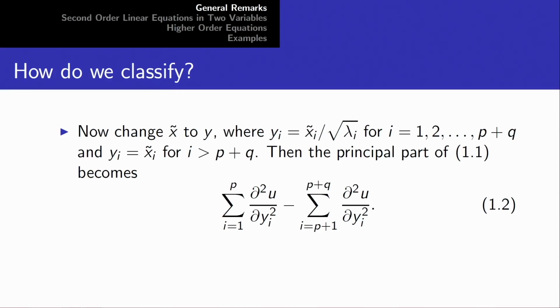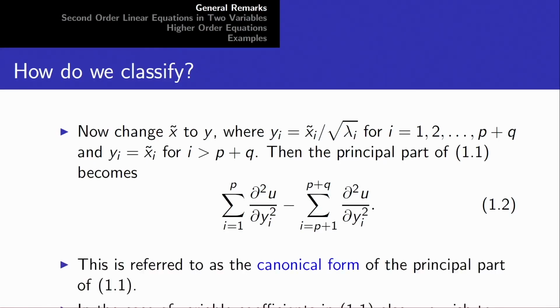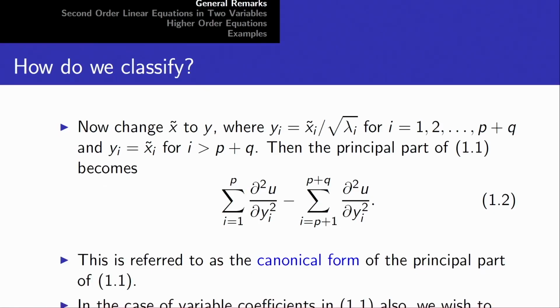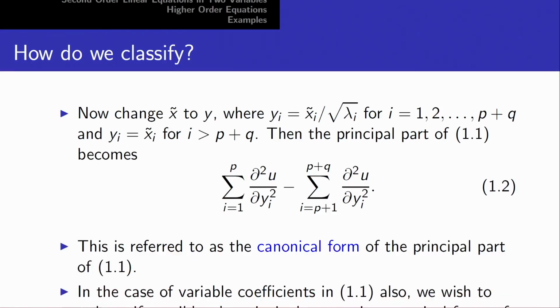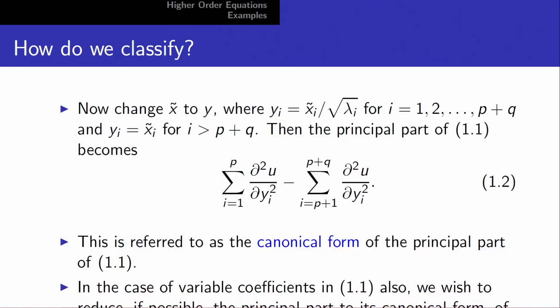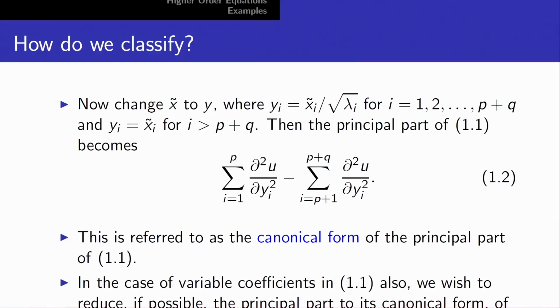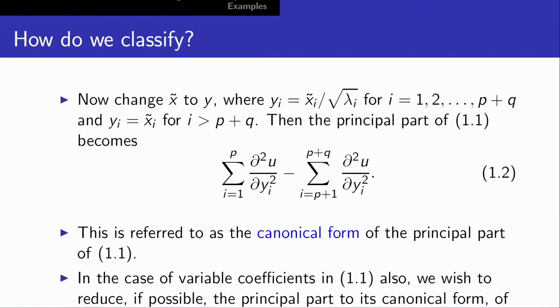If you look at equation 1.2, you see that there are p plus 1s and q minus 1s, and this is referred to as the canonical form of the principal part. We are not bothered at this stage about the lower order terms, the first order terms. We are just concentrating on the second order terms.